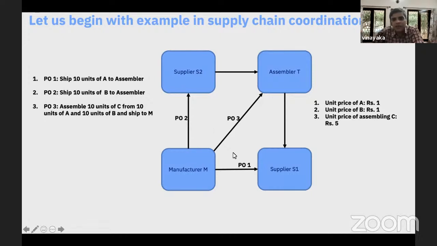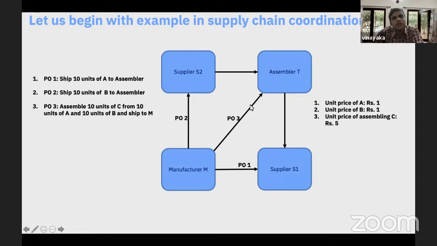The situation is very simple. There is a particular component that a manufacturer gets made. This component is called C, and it is going to be made out of two subcomponents called A and B. The manufacturer is going to release purchase orders to the suppliers saying ship 10 units of A to the assembler and ship 10 units of B to the assembler.